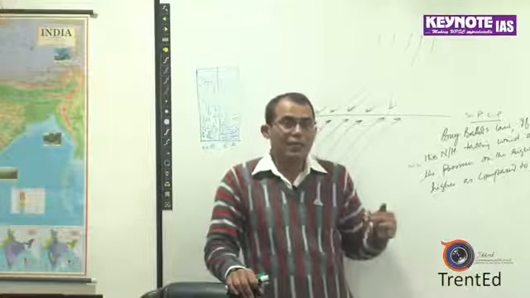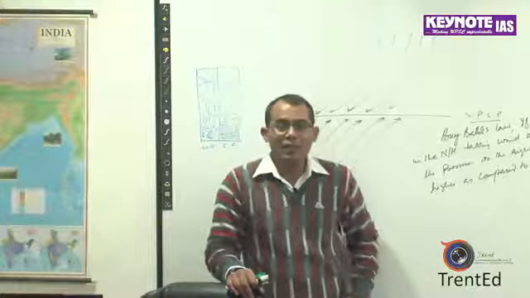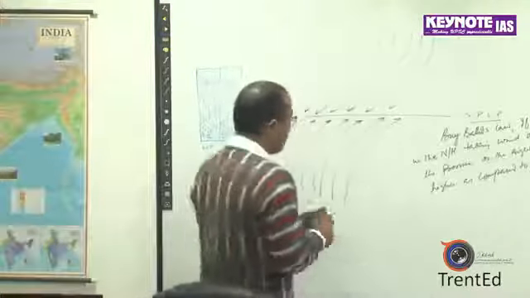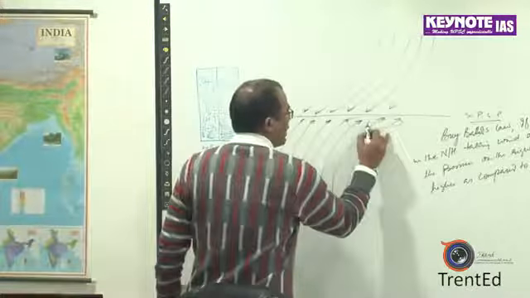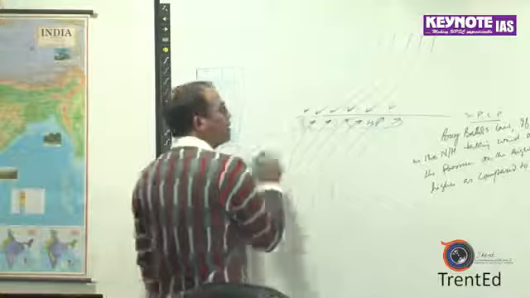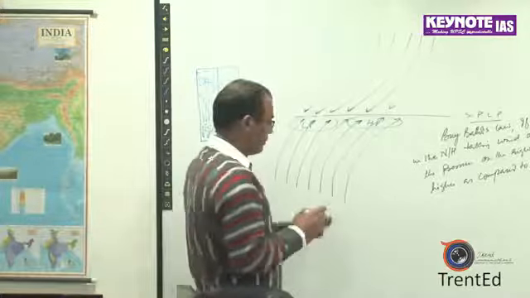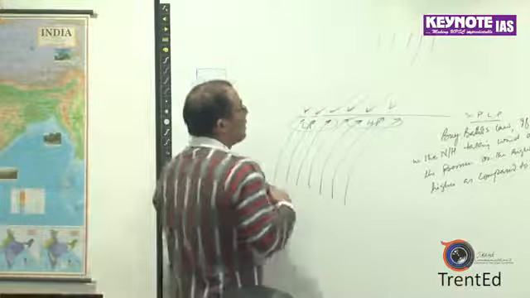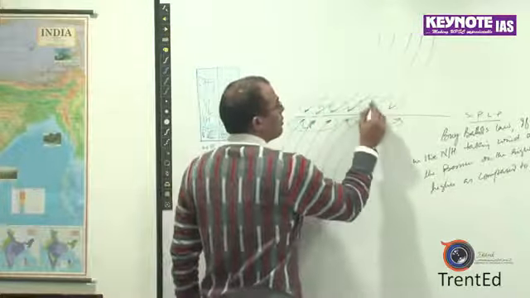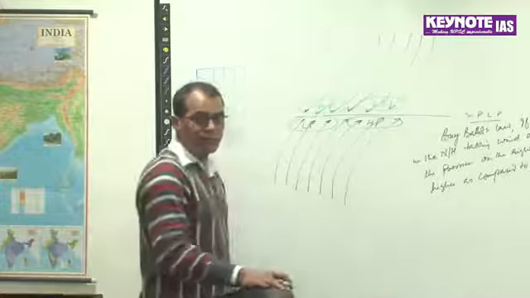In the case of wind, the strength will be determined by pressure, right? So in this band of wind, here we'll have high pressure, here we'll have low pressure. Whereas in this band of wind, here you'll have high pressure and here you'll have low pressure.